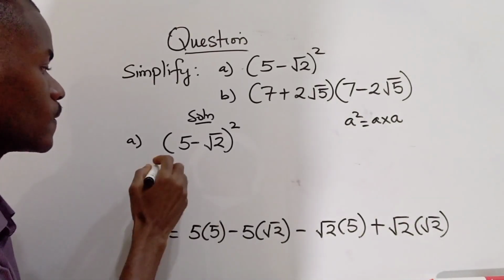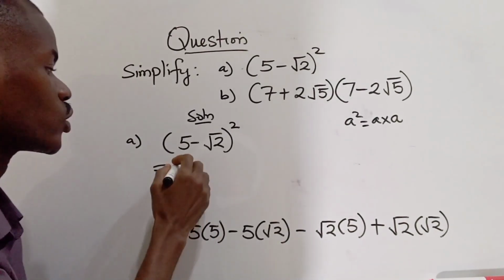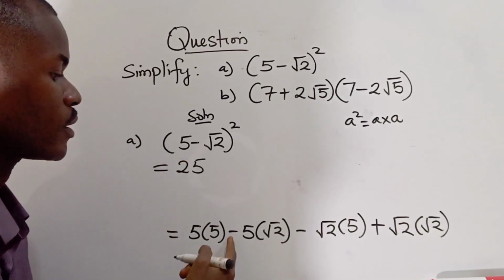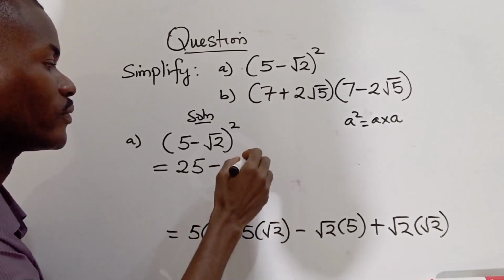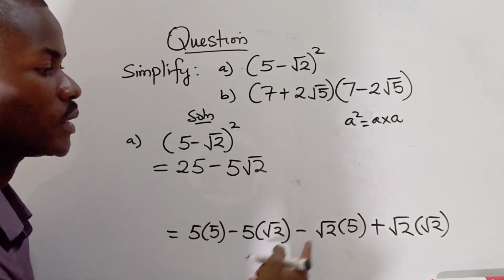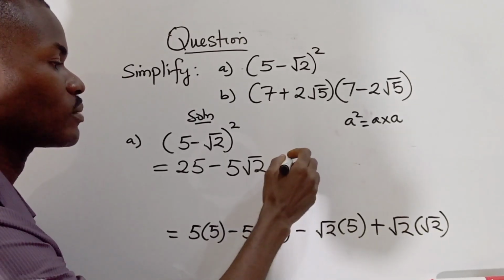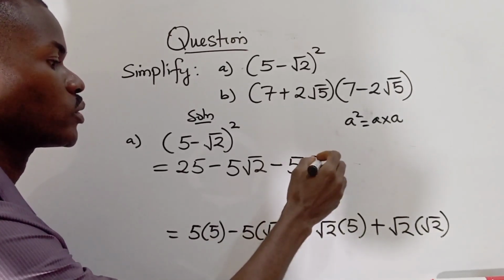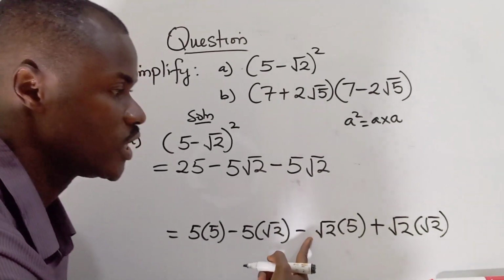Now from this point we can proceed to further simplify. So we have 5 times 5 giving us 25. Minus, we have 5 times root 2, which is 5 root 2. Now for this, root 2 multiplied by 5 is going to give us minus 5 root 2. You can bring the 5 in front as a coefficient.